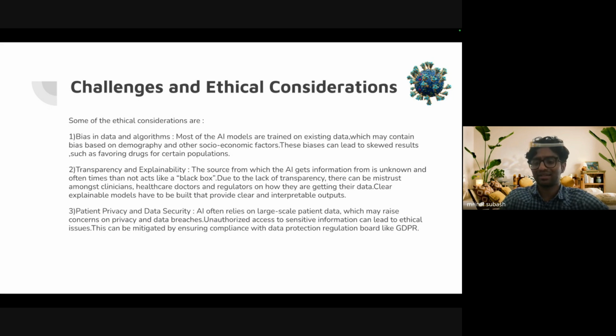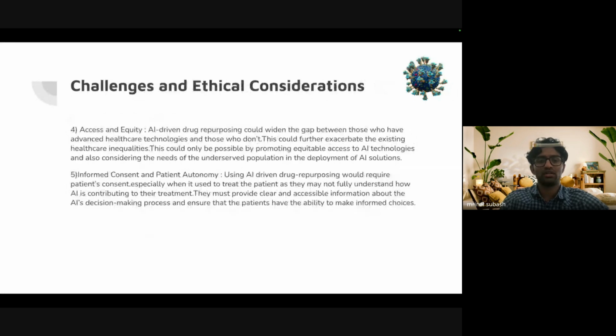It is in its nascent stages, but in the future, the more laws that come into this picture, the better our AI would not aberrate and affect patient privacy and data security. So these are some of the challenges that generative AI has been facing when it comes to drug repurposing, or drug discovery in general.